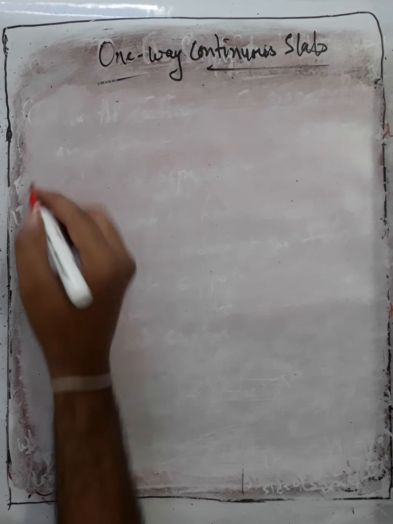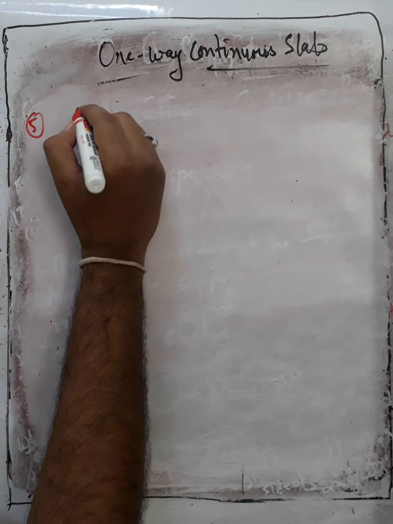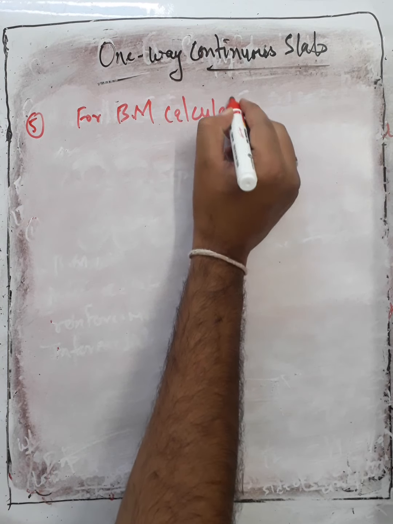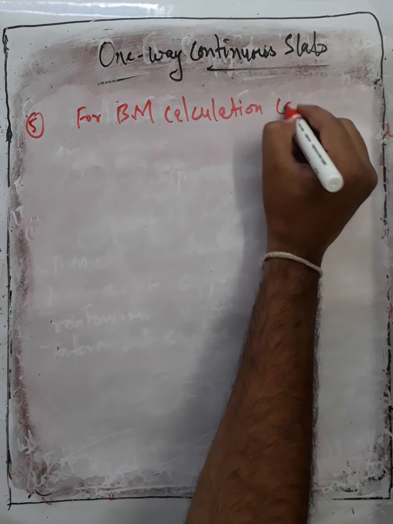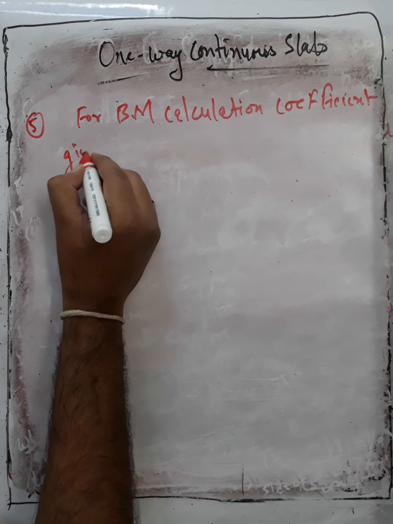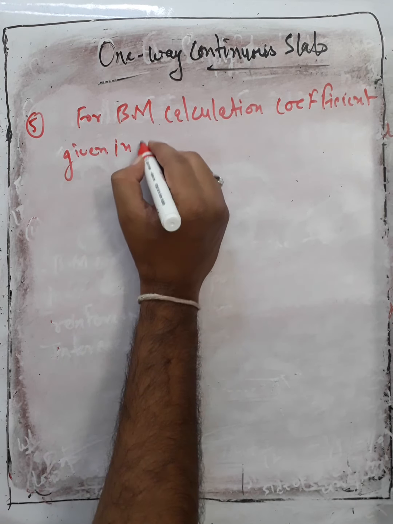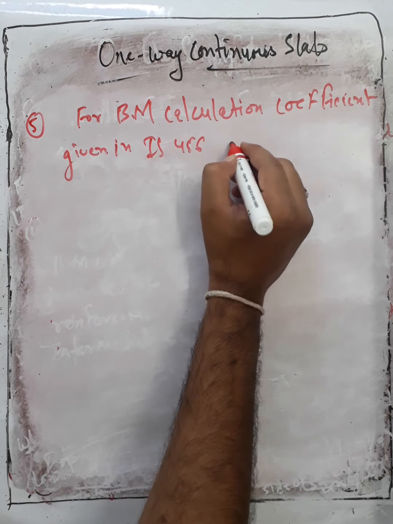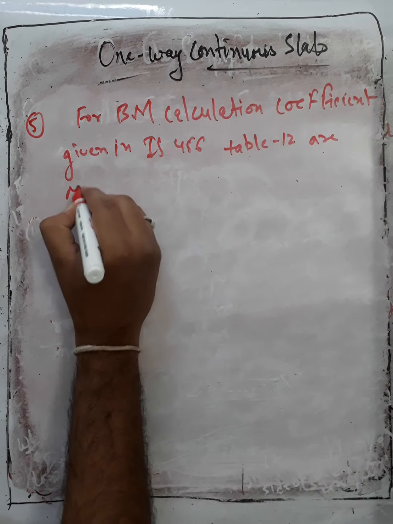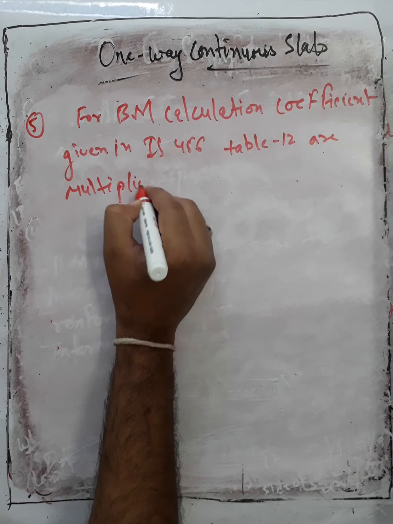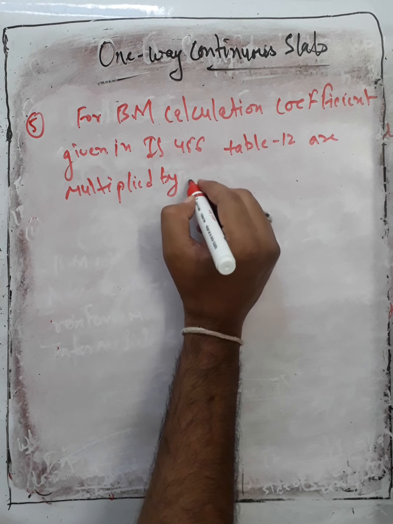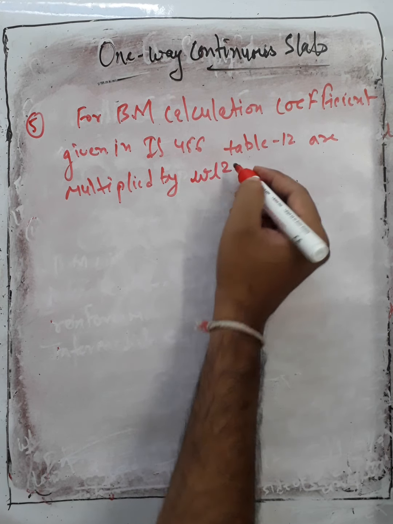Point number 5, for bending moment calculation, the coefficients given in IS 456 table number 12 are multiplied by WL square.